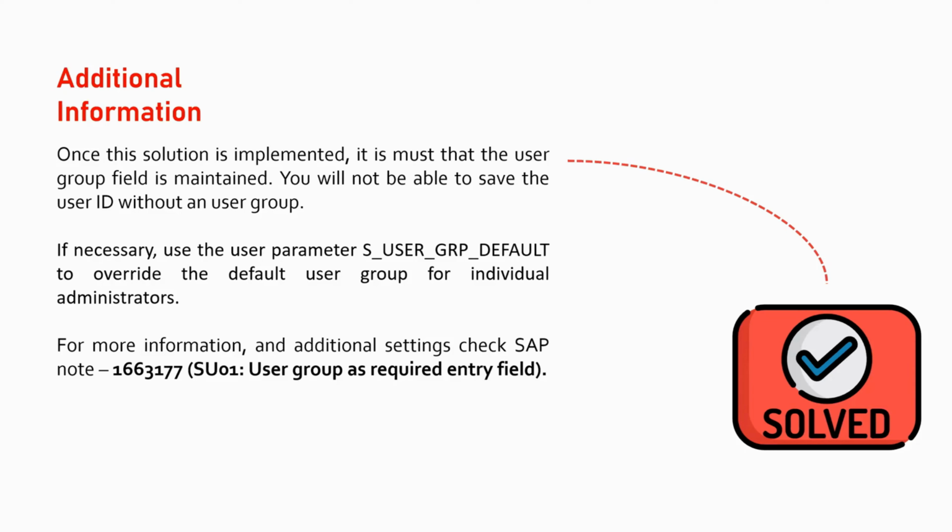In case you want to override this, you can use a parameter called S_USER_GRP_DEFAULT. Using this parameter, you can assign a specific set of users to other user groups in the system.